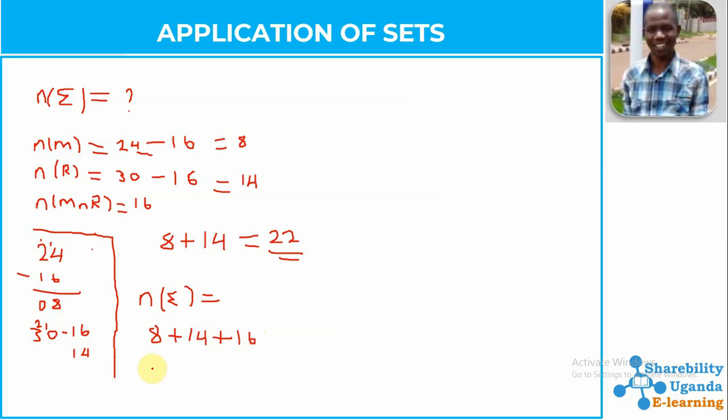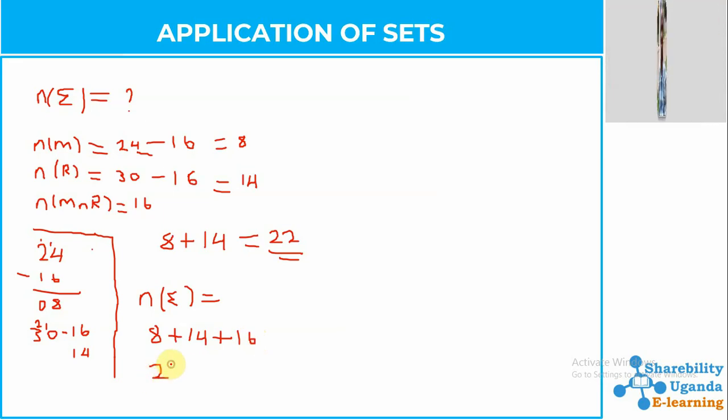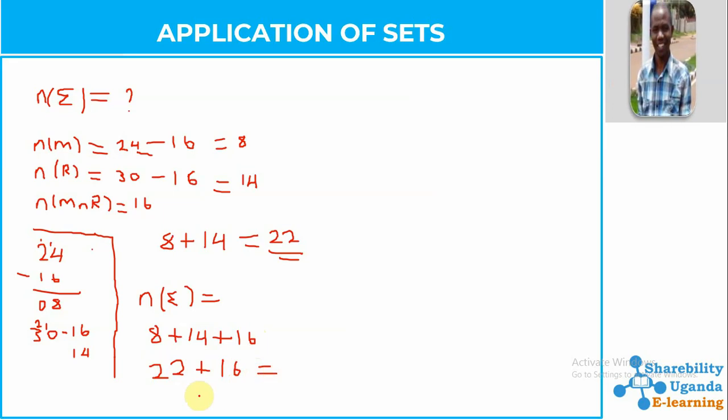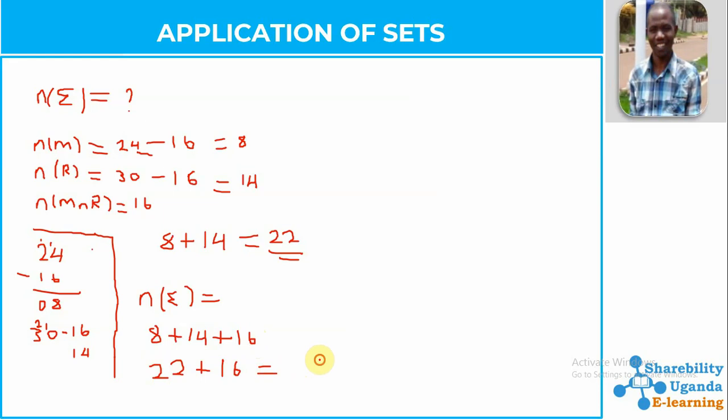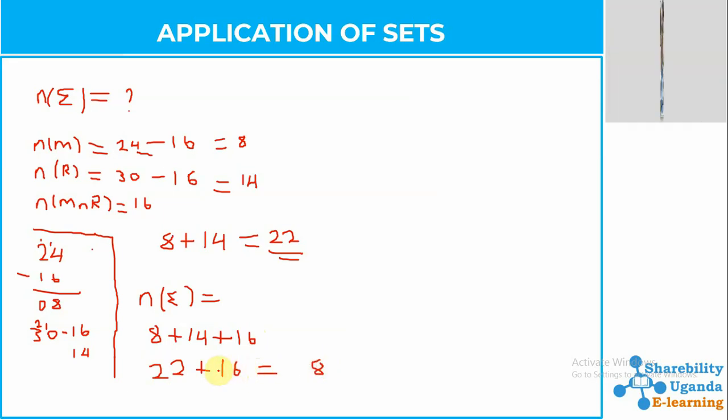So this is 8 plus 14 plus 16, the same as 22 plus 16. What is 2 plus 6? That is 8. Then 2 plus 1 is 3.